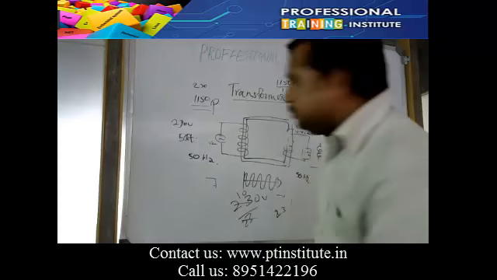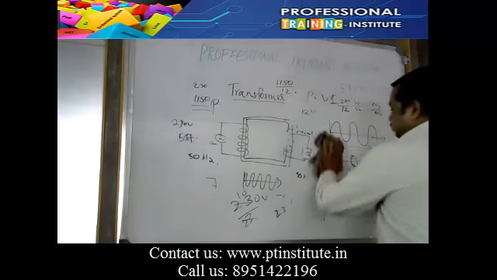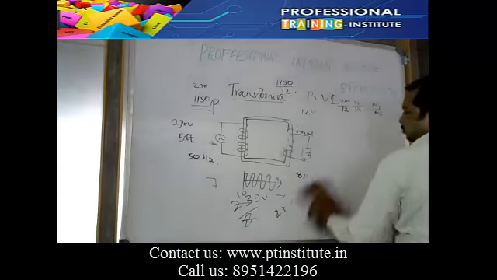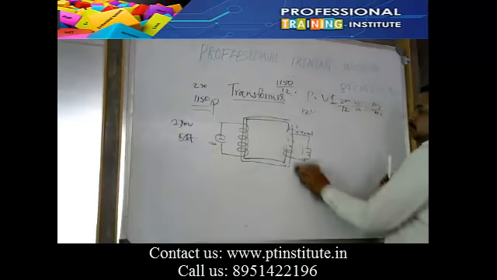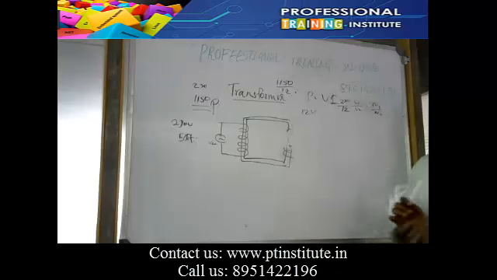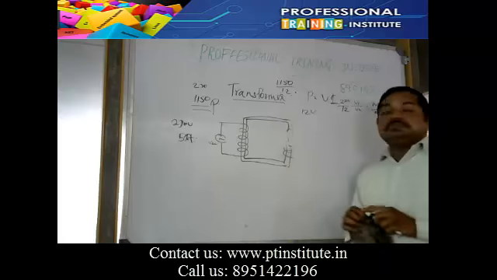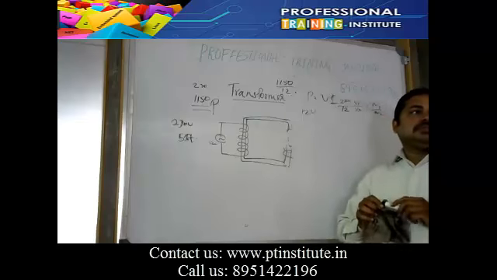So if the ratio is 10:1, then I can give 400 or 40. I should keep that ratio only. The question is that we don't know the primary number of coils and we don't know the secondary number of coils, but we know the ratio.